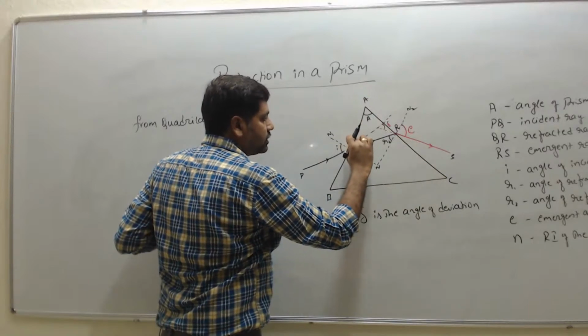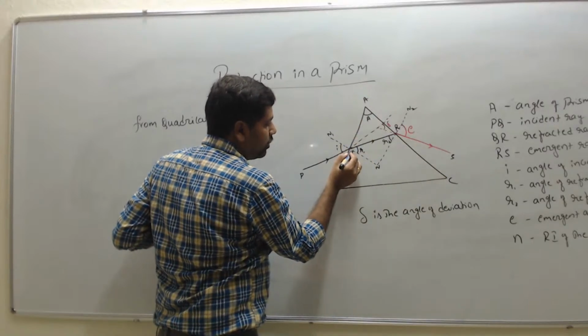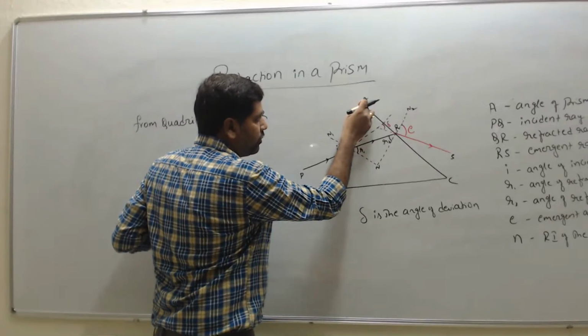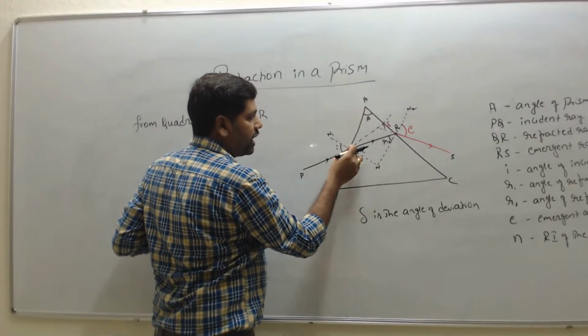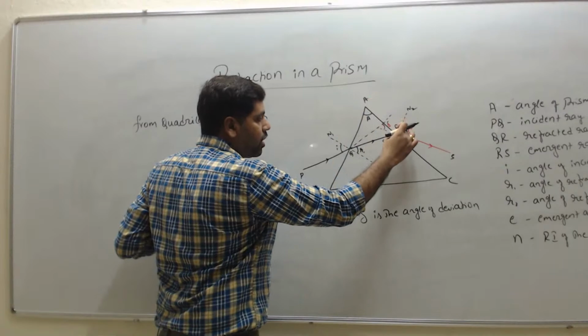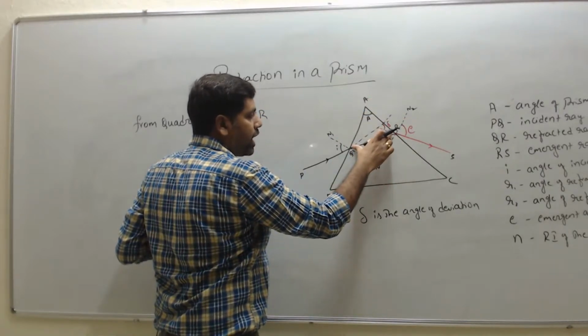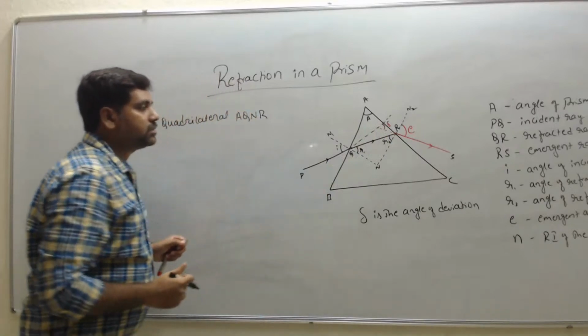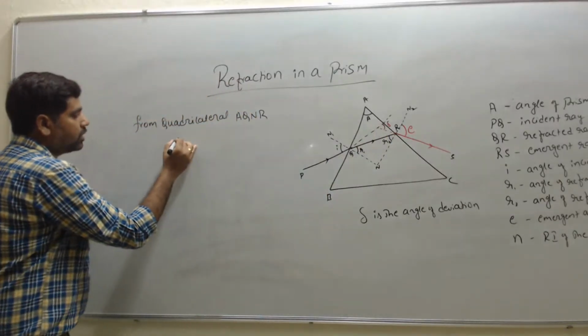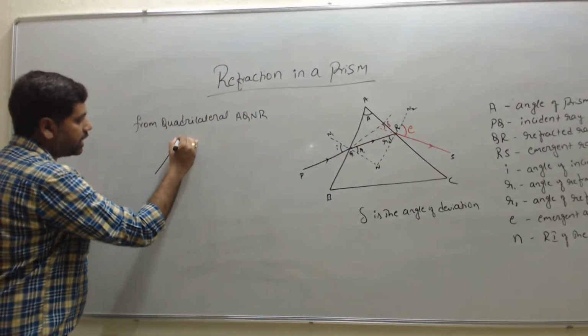Here the angle is 90 degrees. The angle AQN is 90 degrees, and the angle ARN is 90 degrees. So from this quadrilateral we have two angles of 90 degrees.